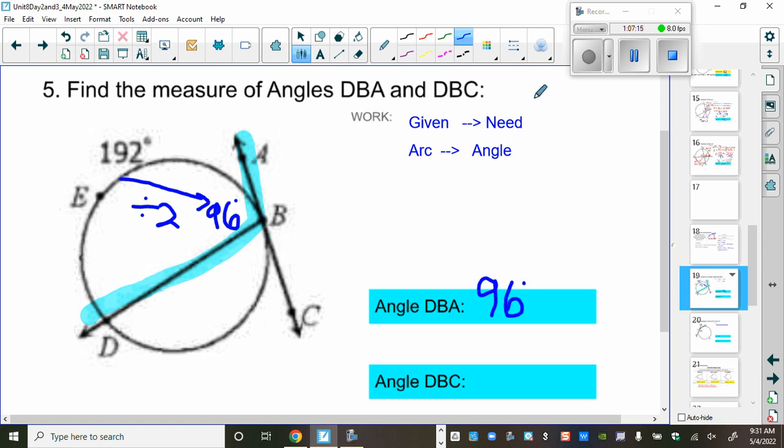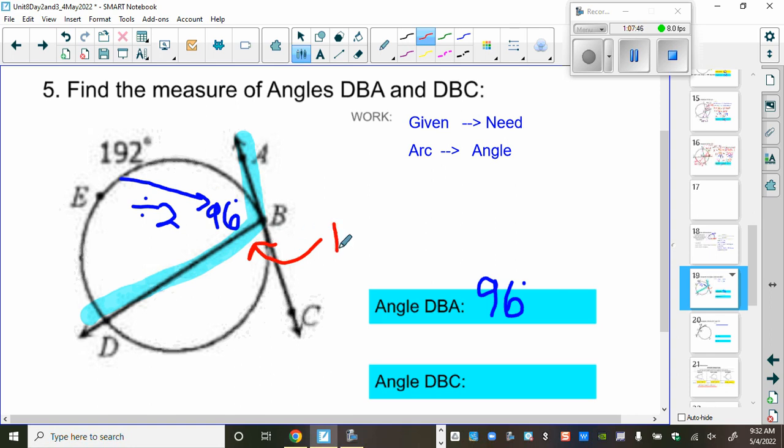Now with DBC, what do we know about the sum of the two angles? They have to add up to 180. The two arcs add up to 360, but the two angles just add up to 180. So basically, quickest way to get this angle, what two numbers did we subtract?